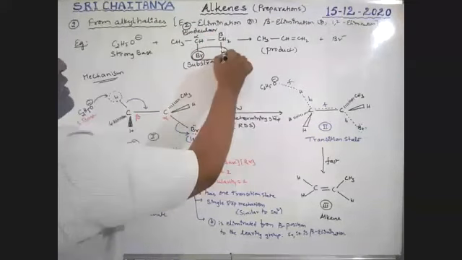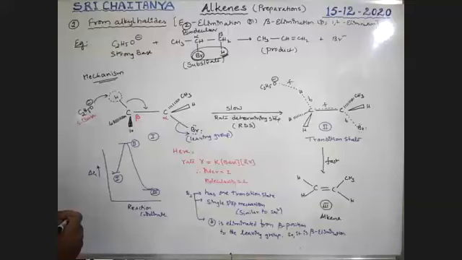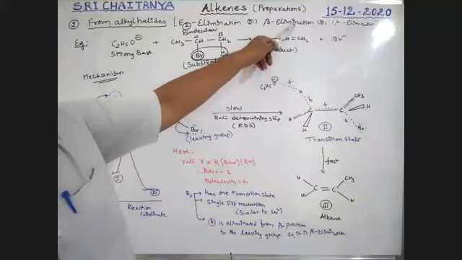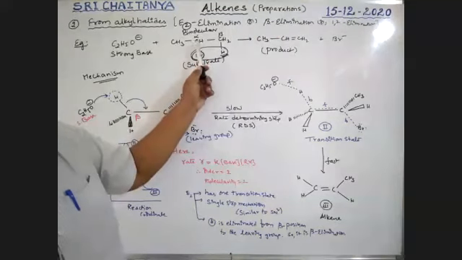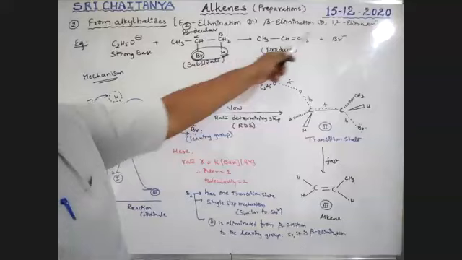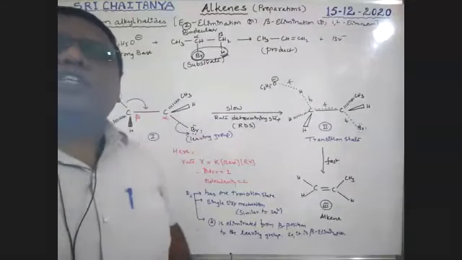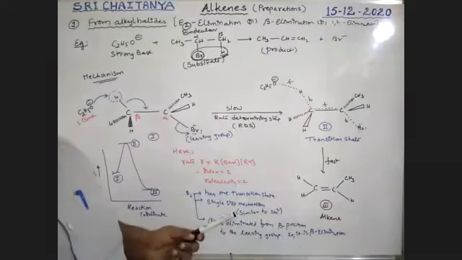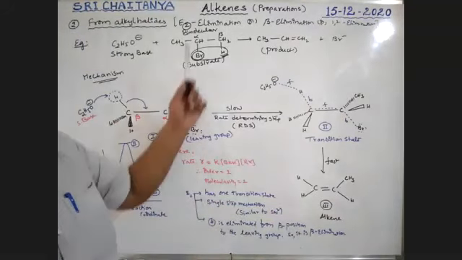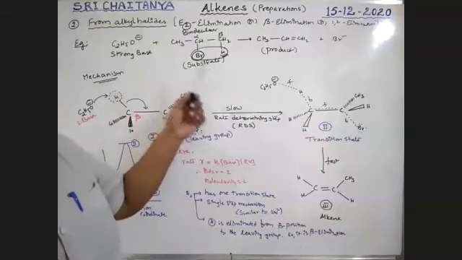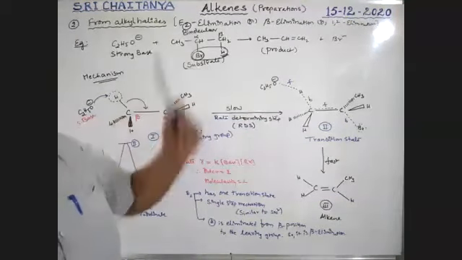That means hydrogen is eliminated from the beta position relative to the leaving group, so it is called beta elimination. It is the first carbon and the second carbon from bromine, so it is 1,2 elimination. Beta elimination and 1,2 elimination are both the same, boys. So it is E2 elimination, a bimolecular elimination. By using that, I will explain how to prepare alkenes using alkyl halides.